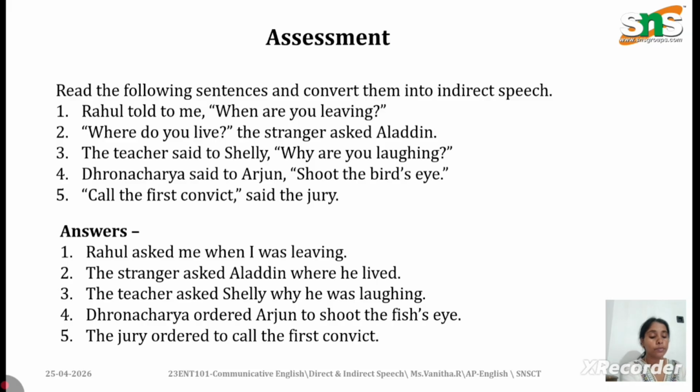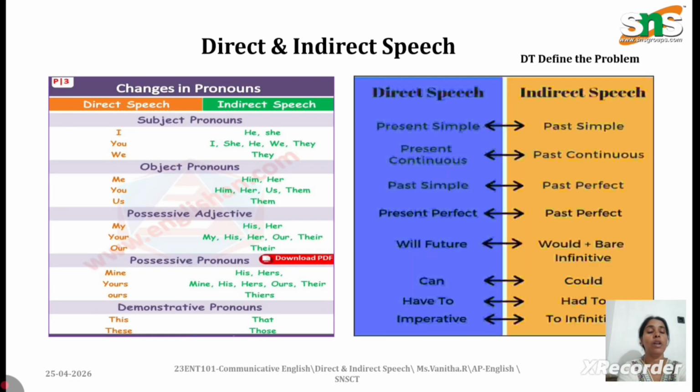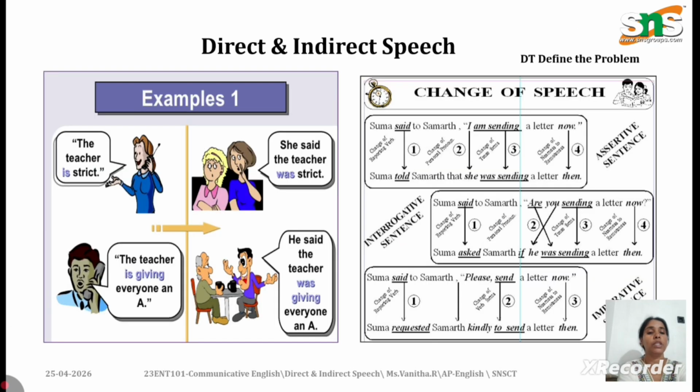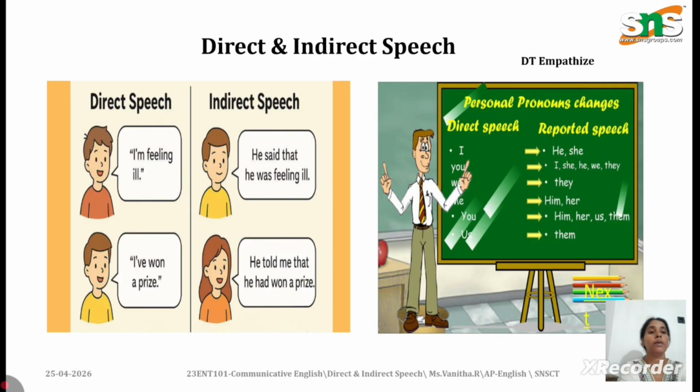I would like to give you a small recall. You have to remove quotation marks in indirect speech. Change pronouns correctly, then adjust tense.